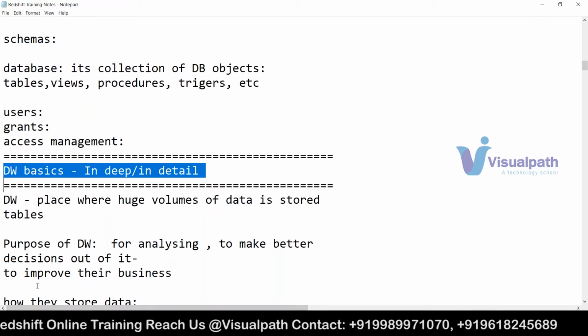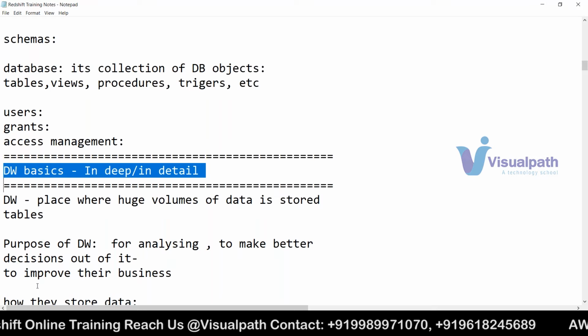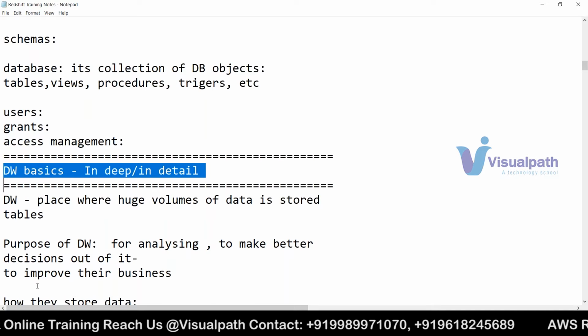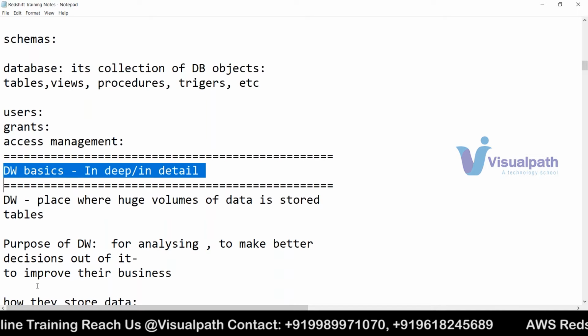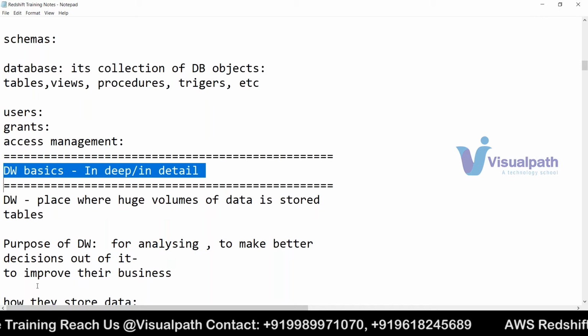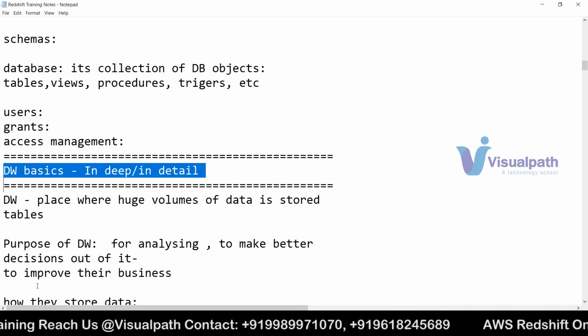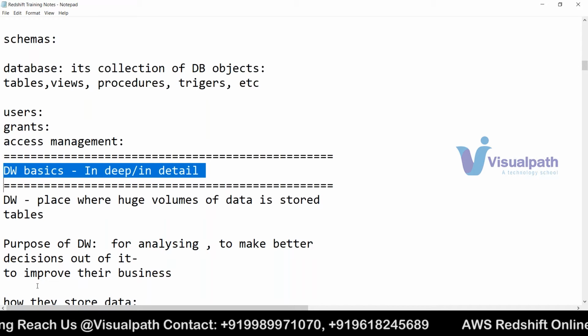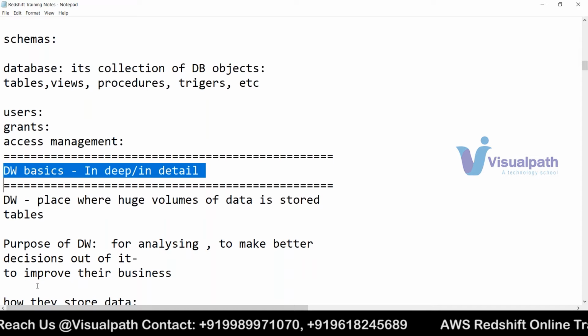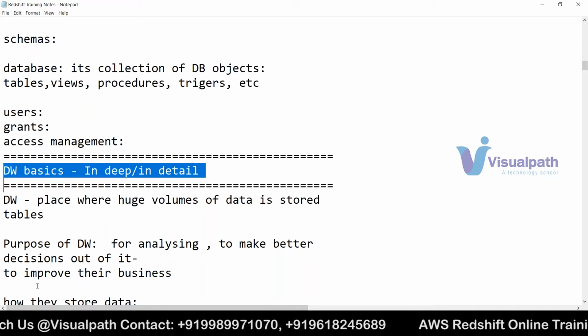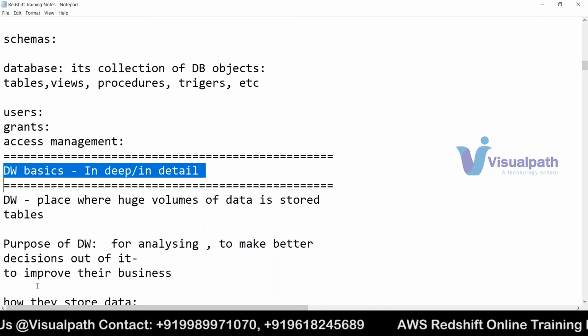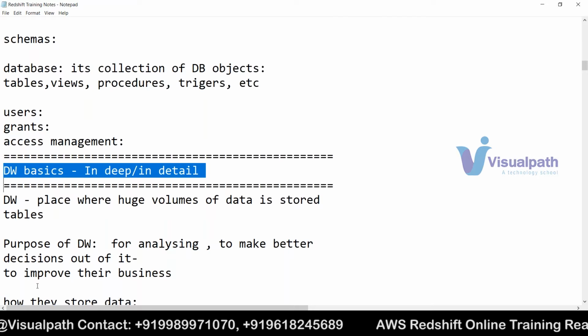Because in a data warehouse we maintain even 10 years, 20 years, 30 years, even 40 years of data. For example, you take LIC or any life insurance. Life insurance policies are generally not just 5 or 10 years, it's even 30 years minimum. Each policy will be 25, 30 years.